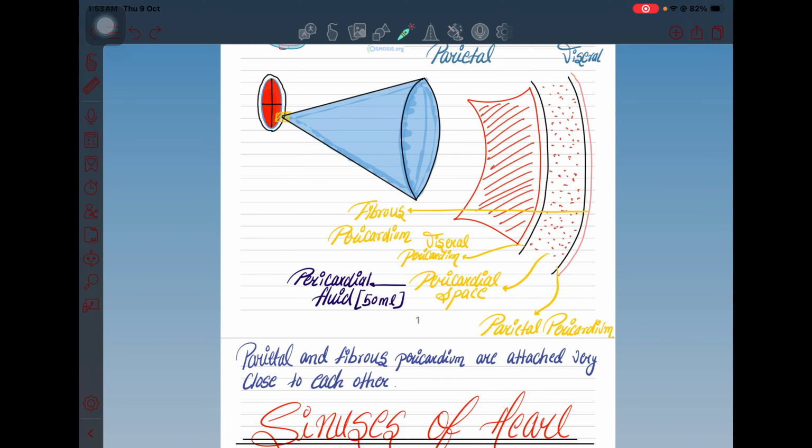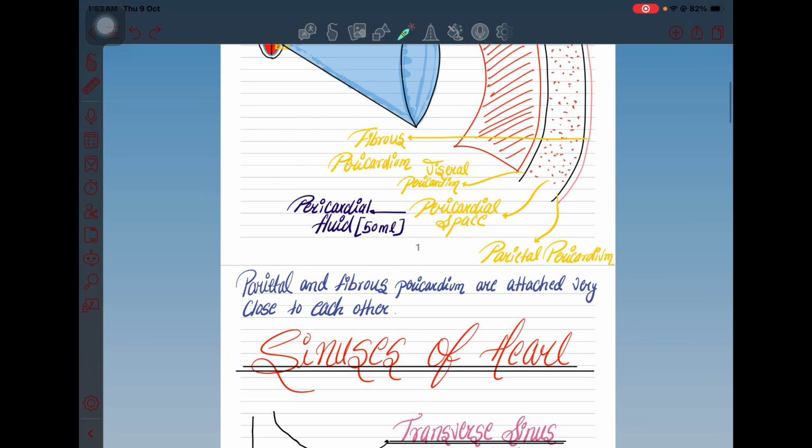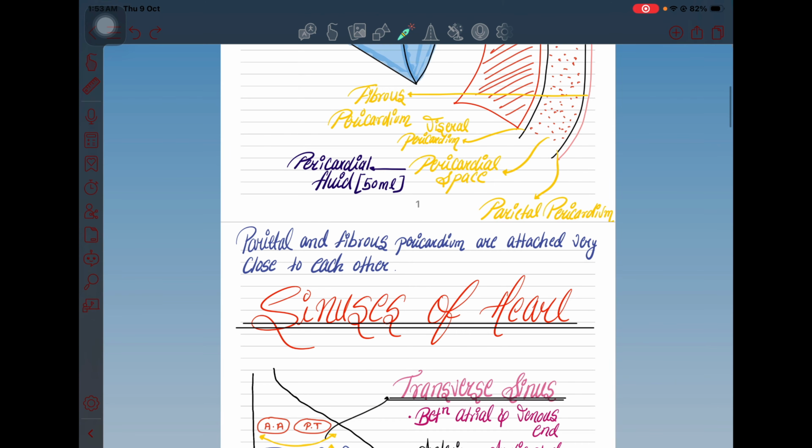If we move further forward, we can see the visceral pericardium forming this layer, and the space between the visceral pericardium and parietal pericardium is known as the pericardial space, which is filled with pericardial fluid. The note point over here is that the fibrous pericardium and the parietal pericardium are very closely attached to each other. They might look somewhat distant from each other, but they are very close.